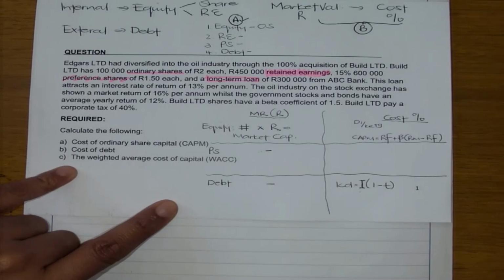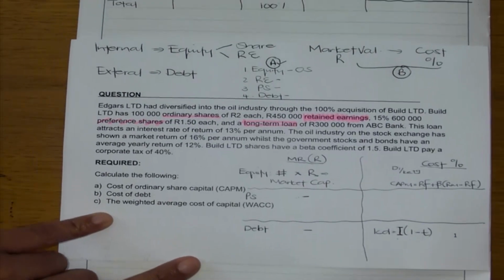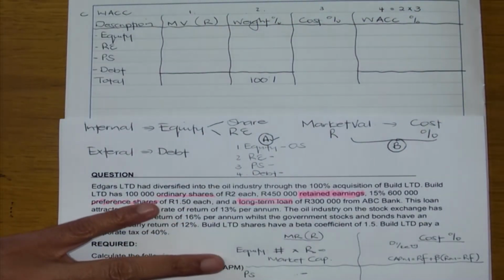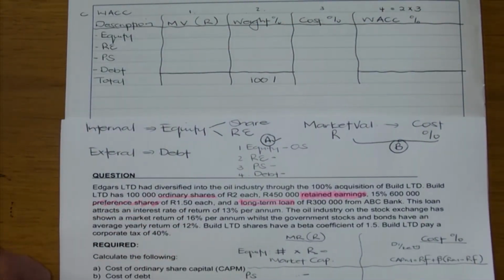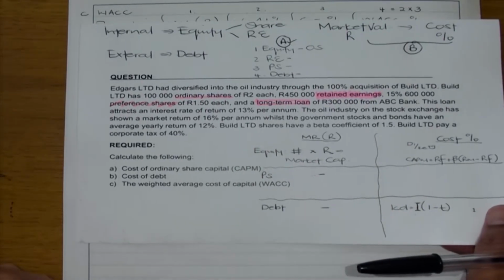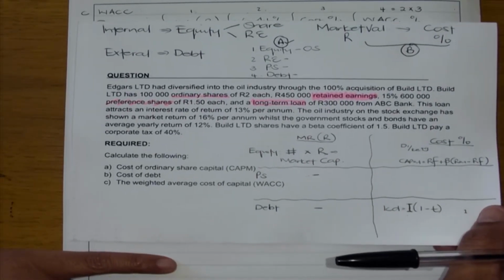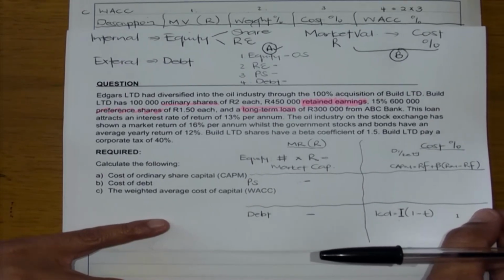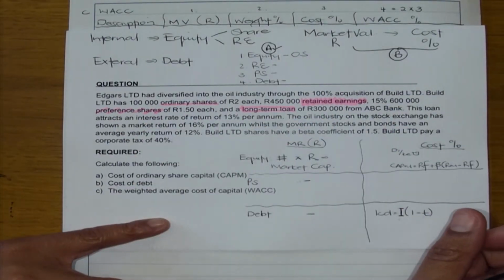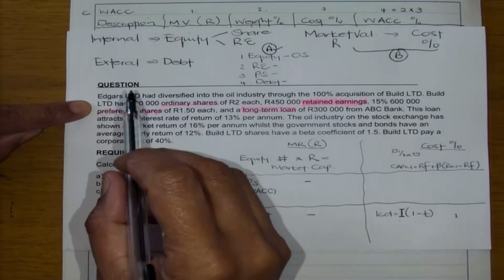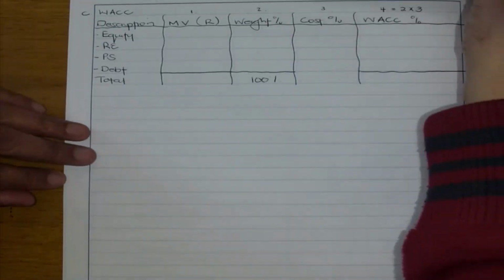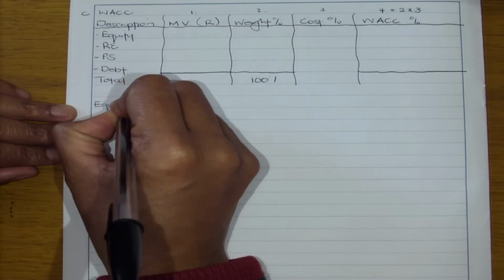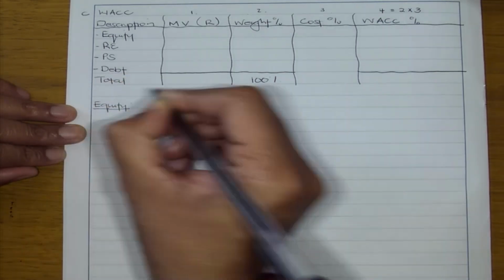Now we're going to jump into our question. We're going to see what information did they give us, what can we plot on our table, and what do we need to calculate. Right. Now, you don't have to do it like this. For me, it's just that I don't like reading, and while I read, I want to put in my information. Okay, so yeah, first we know they gave us equity.